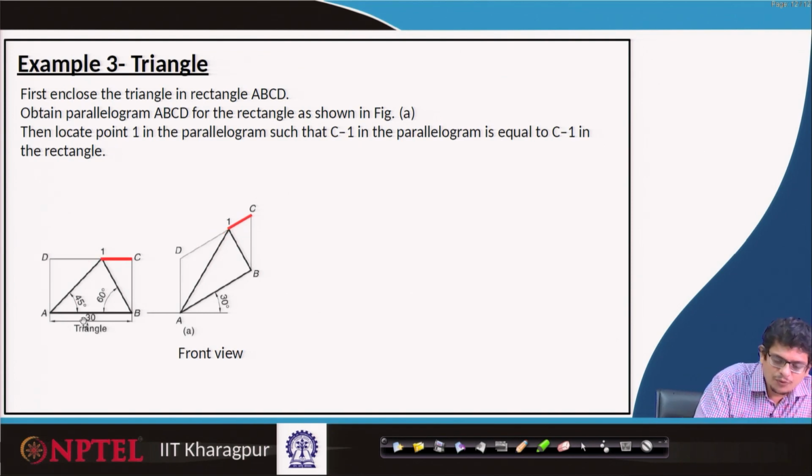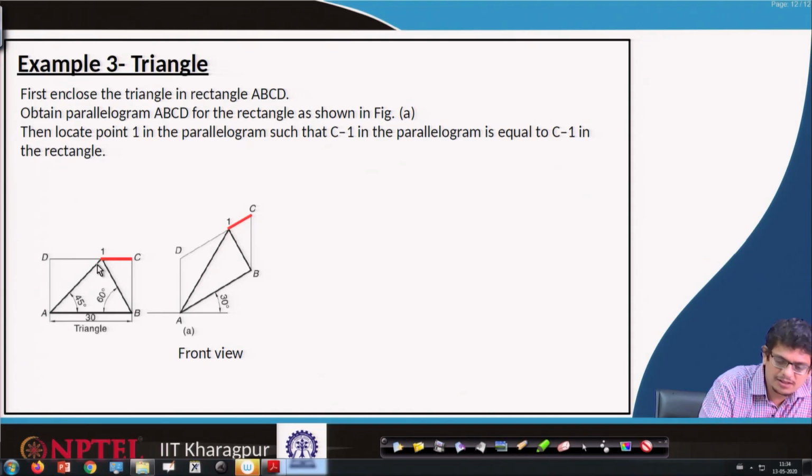Now, for the triangle, from point 1 we have to locate it on the rectangle. Further, what is the distance from C to 1 on that rectangle? Pick that distance. Similarly, on the CD line, locate C1.